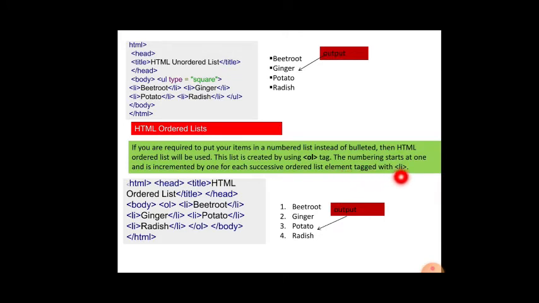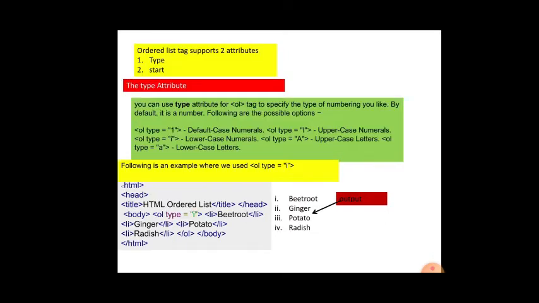Li stands for list item. In the HTML head, ordered list, then body, OL is ordered list, li beetroot li. So it starts from 1, 2, 3, 4. Like this, you can find the difference between this and this.